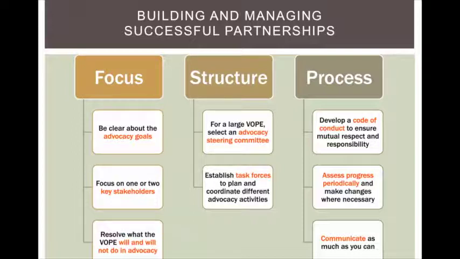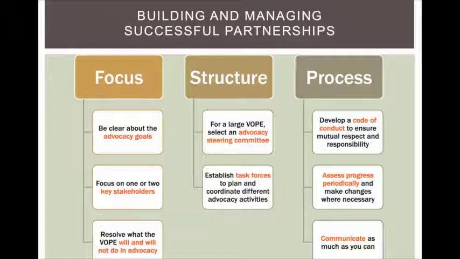Focus on one or two key stakeholders. And be clear what your VOPE will and will not do in advocacy. What is it in that give and take? What is it that we're going to compromise on and will do, and what is outside the boundaries? Remember that the most important resource you have is your time as volunteers. And so focus your time in the best way to leverage the partnership and achieve your advocacy goals.